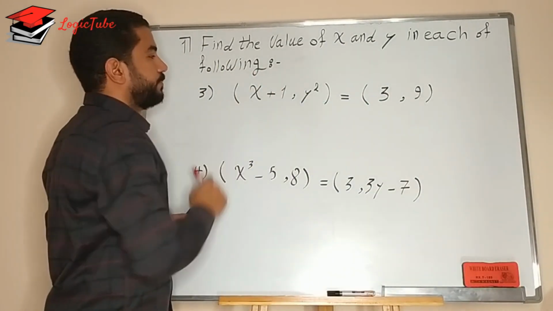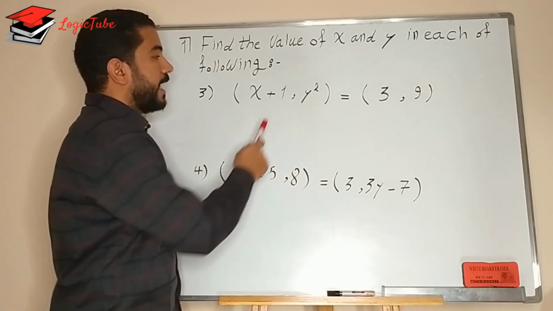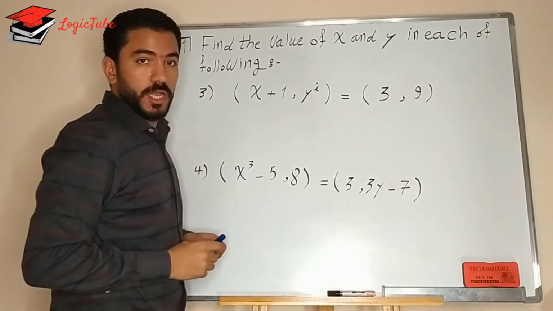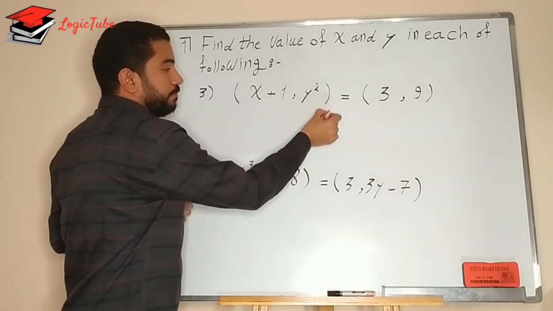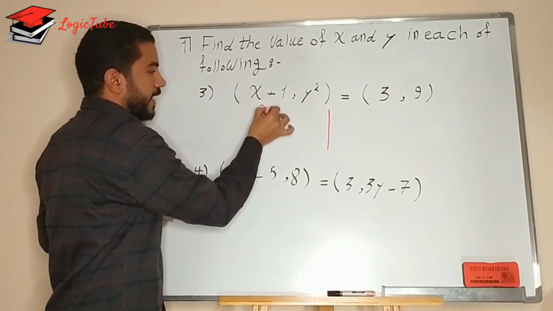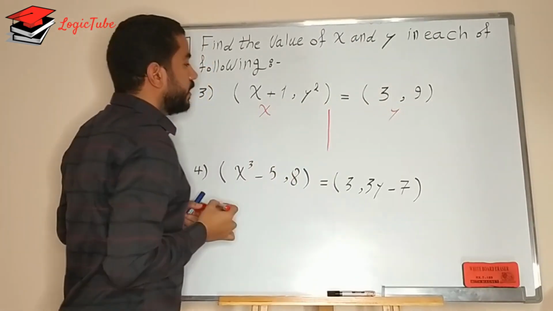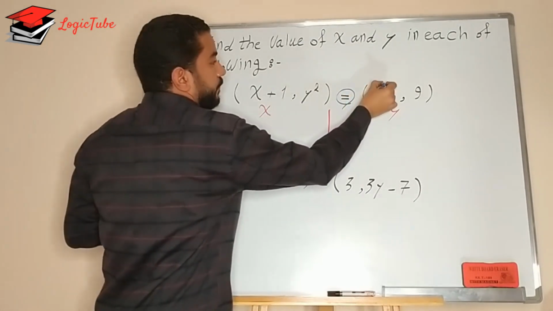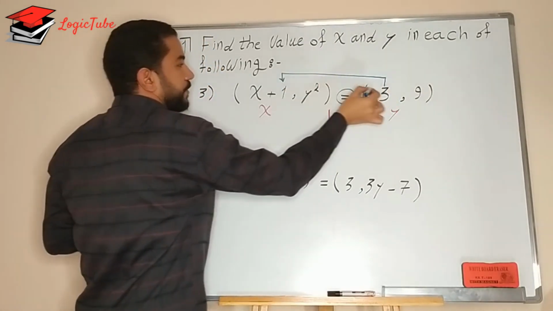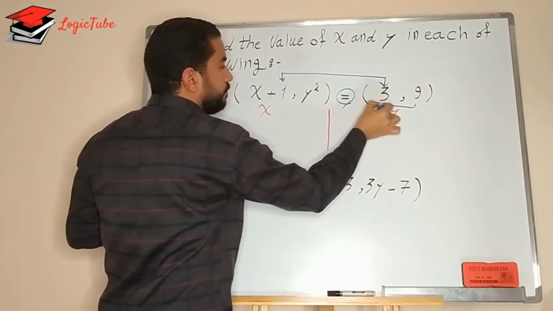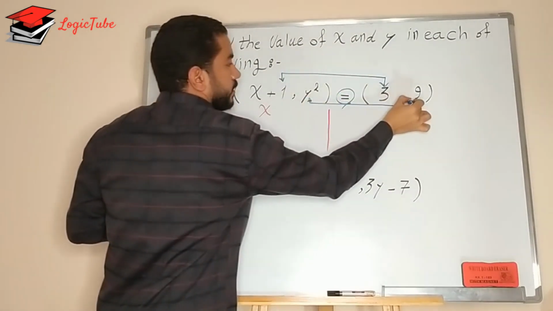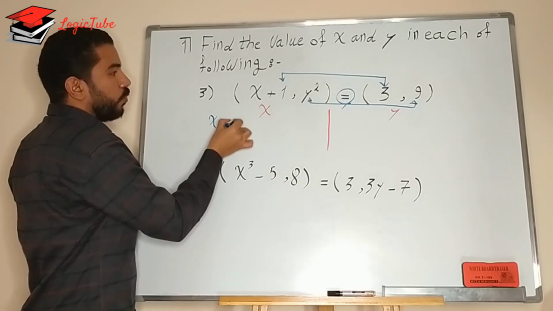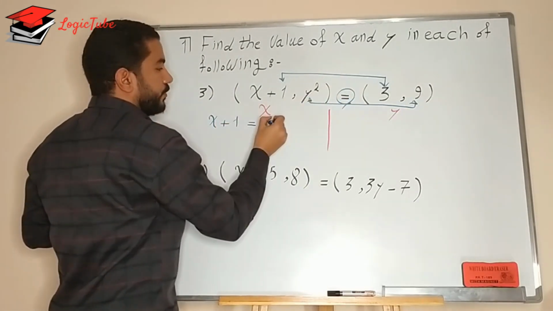Number 3, the ordered pair of x plus 1 and y squared equals the ordered pair of 3 and 9. We'll divide our page into two parts. Here is x and here is y, the first projection and the second projection. So the first projection equals the first projection and the second projection equals the second projection. Here x plus 1 equals 3.